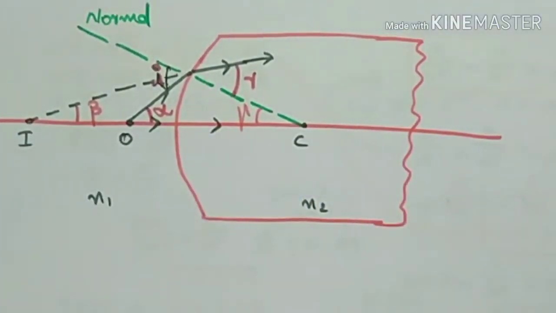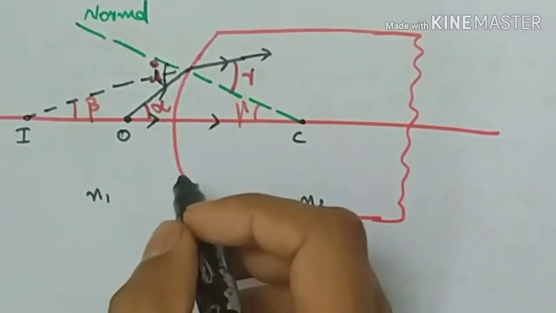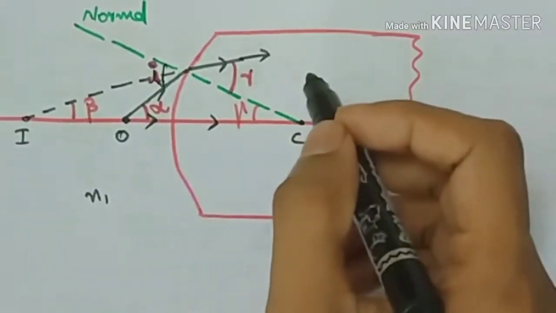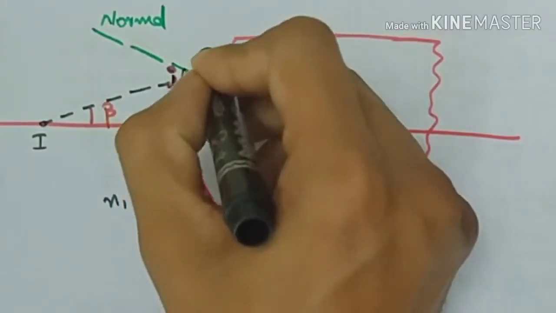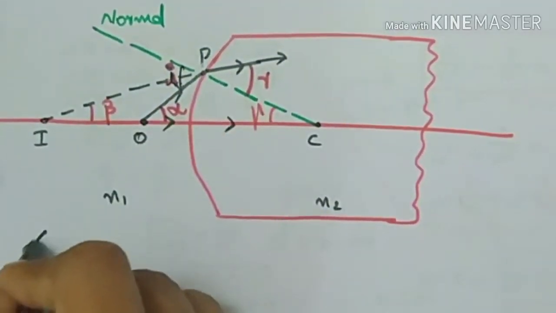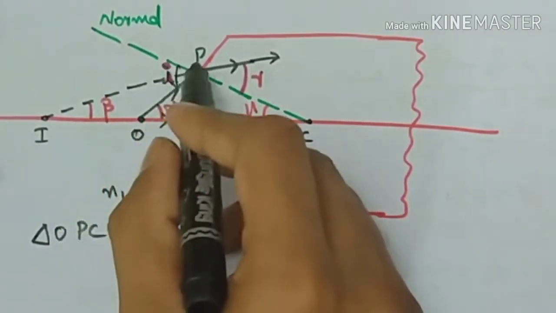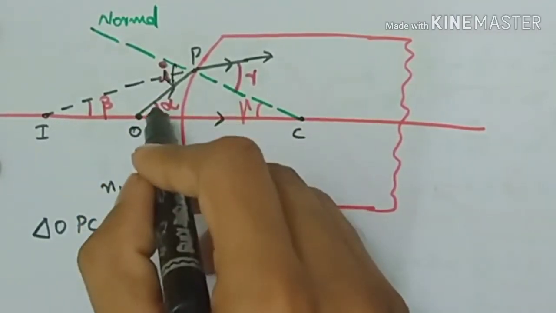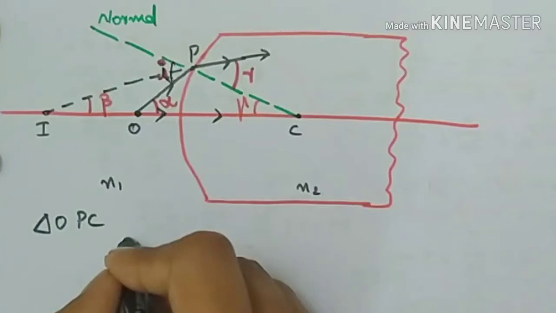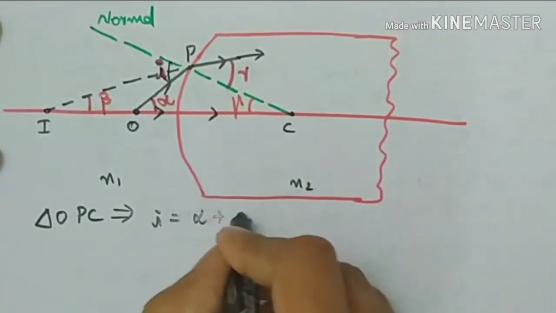Then let's derive. The derivation is as in our earlier derivation. Let's take a right angle triangle. Let me mark this point as P. Take the triangle OPC. From the triangle OPC, I is the exterior angle, so I is equal to alpha plus gamma.